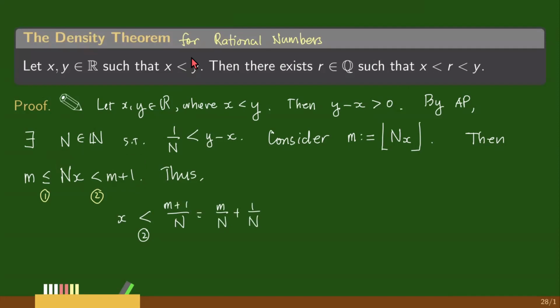Okay, step by step, i-confirm ko kung nakukuha nyo. M over N plus 1 over N siya, correct? Now, from inequality 1, I'm going to use this now. Anong masasabi ko sa M over capital N? Mula dito, ang M over capital N less than or equal to X, correct?